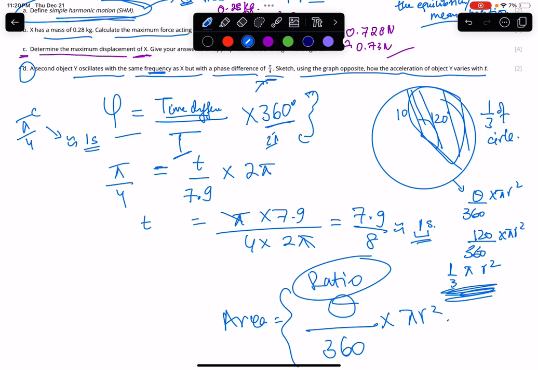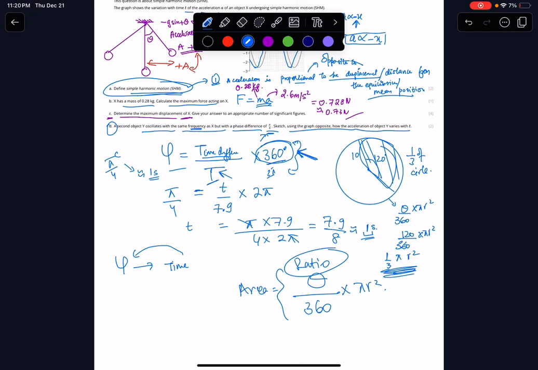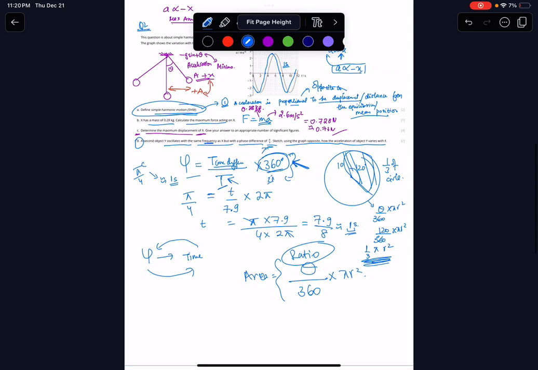In a phase difference, you can translate a phase difference to a time difference, or go from a time difference to a phase difference. The ratio goes over the overall time period, and also the overall angular movement, which is 360 degrees. So you're taking the ratio and converting it from angle to time or time to angle.